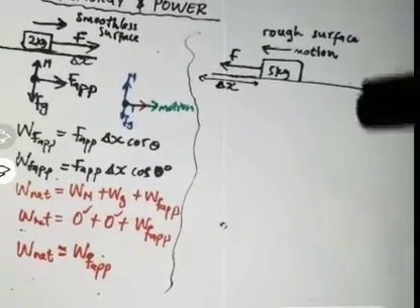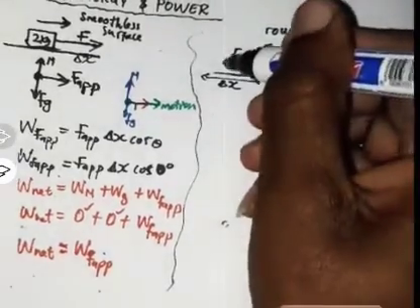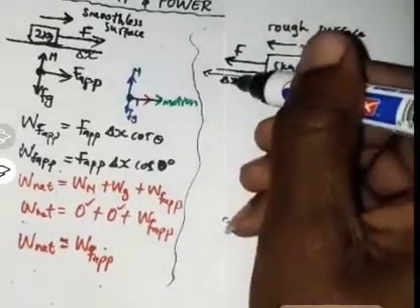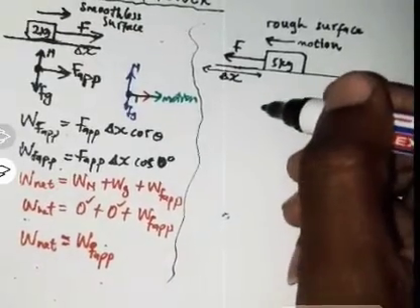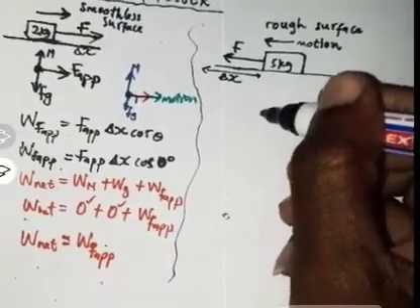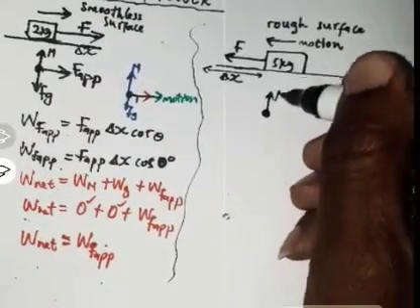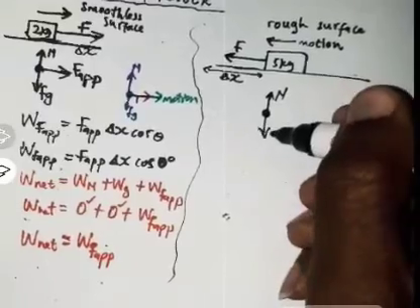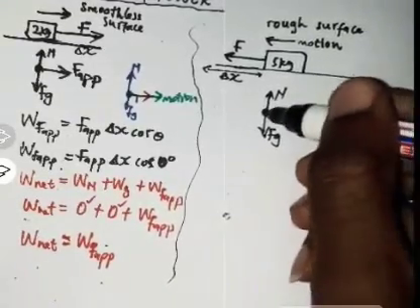So if there is a frictional force, let's do our free body diagram. Our free body diagram has the normal force, the gravitational force, and of course the force applied.